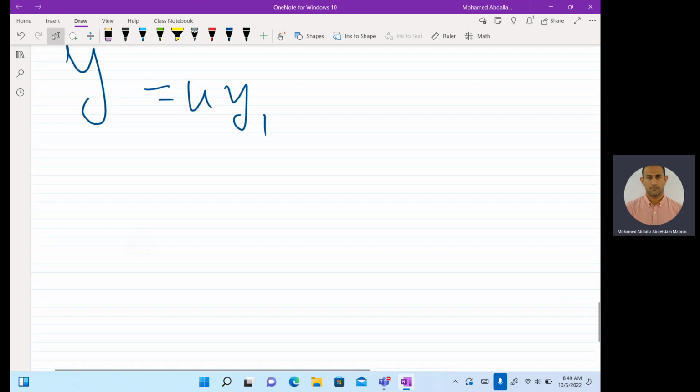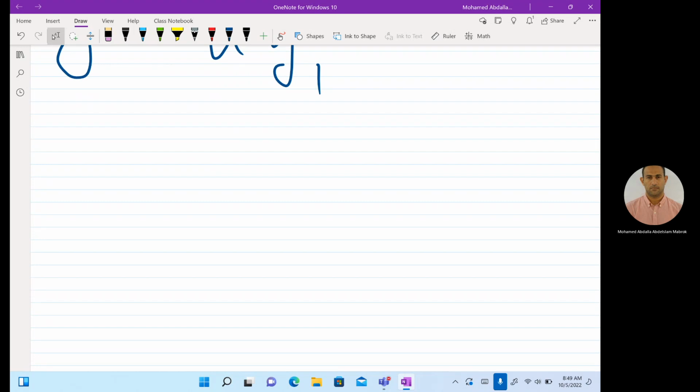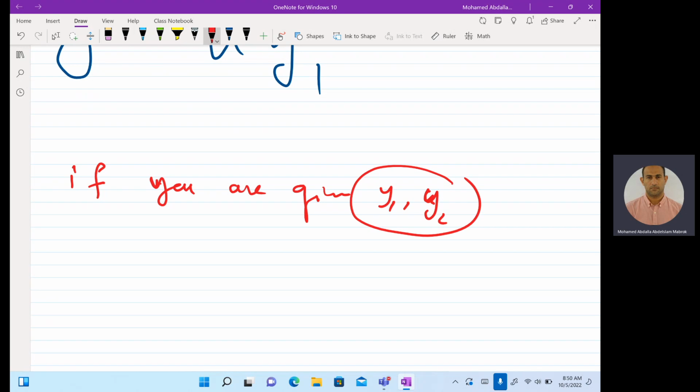So for any problem, if you are given y1 and y2, which is the fundamental set of solutions, I might tell you the fundamental set of solutions is e to the power x and e to the power 2x. That means this is y1 and this is y2.